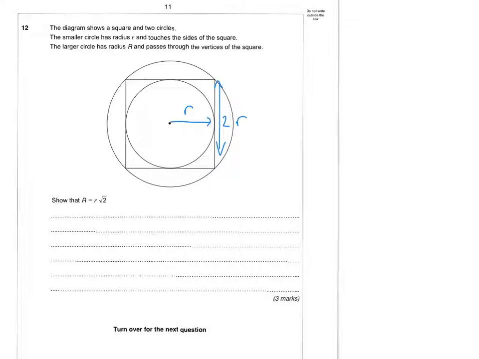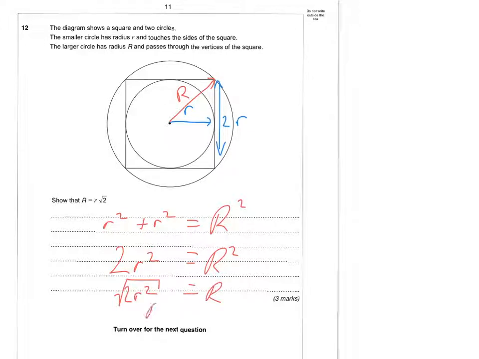The larger circle has a radius that passes through the vertices of the square, so this is capital R. Okay, so we've got little r squared plus little r squared equals capital R squared. So 2r squared equals R squared. Square root both sides, so we get root 2 r equals R. R equals root 2 little r.